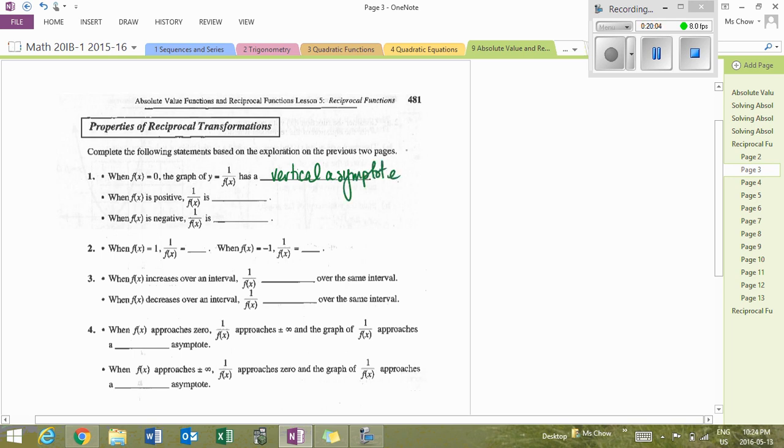And so the x, remember, that is your x-intercept in your original function. That's your vertical asymptote. When f of x is positive, then of course the reciprocal is also positive.